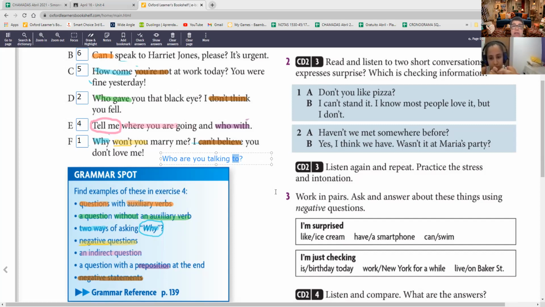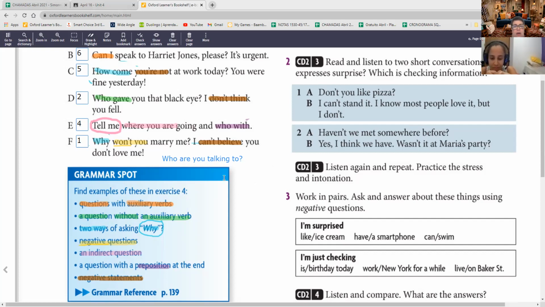In the answer, you will probably say either I'm talking to my mother, or I'm talking to my boyfriend, or you are going to just say, oh, it's none of your business. But when you use this verb, the preposition that follows is the preposition to. Talk to someone. So in questions with this verb, the preposition usually goes at the end.